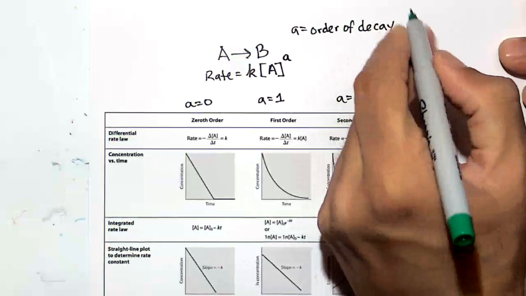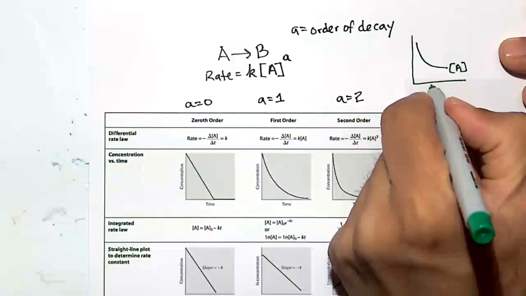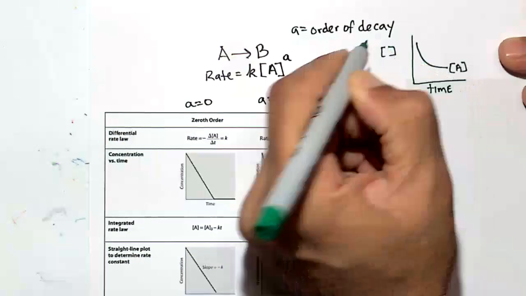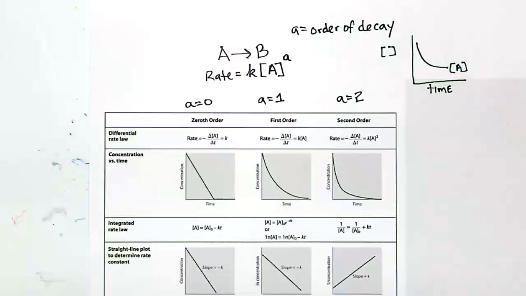Remember our profile here. The concentration of A over time goes down, with concentration on the y-axis. Meanwhile, the concentration of the product goes up.